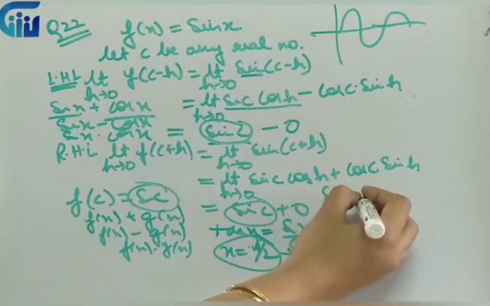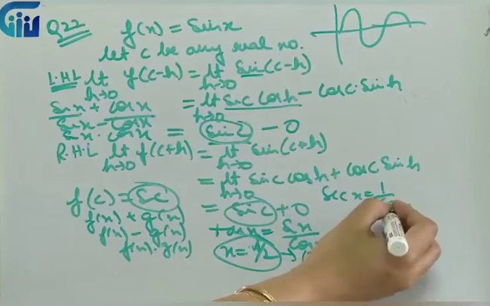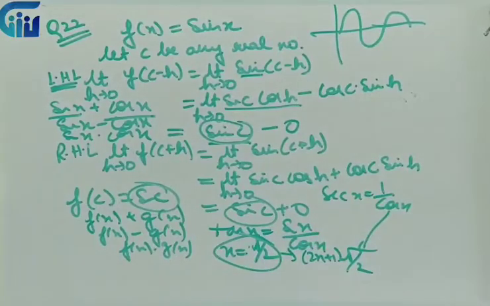Similarly, for sec x, we will say 1 upon cos x is continuous at all points except these points. Similarly, for cosec x, we will say it is continuous at all points except x is equal to n pi, where n belongs to integers. Similarly, for cot, we will say it is defined for all points except x is equal to n pi.